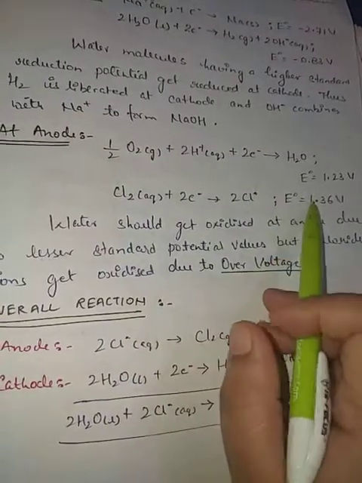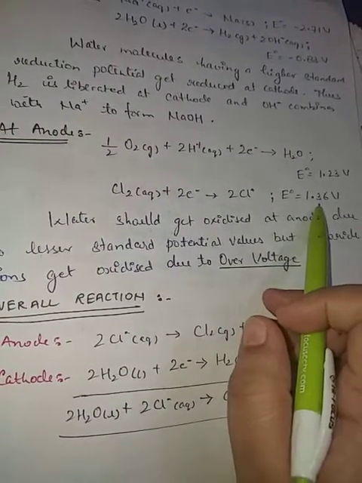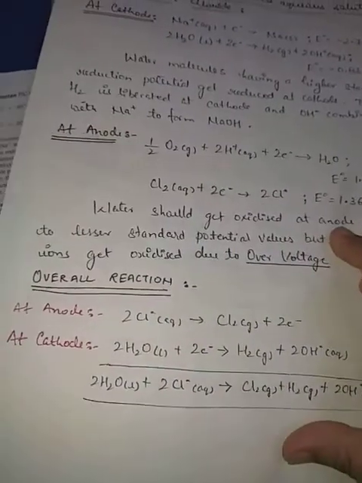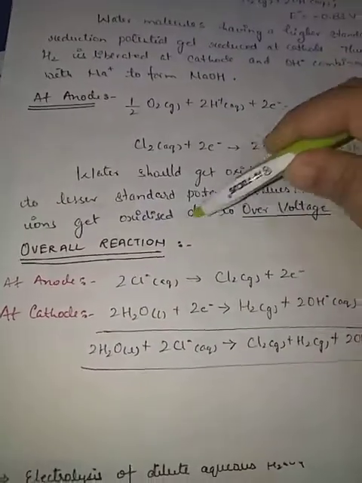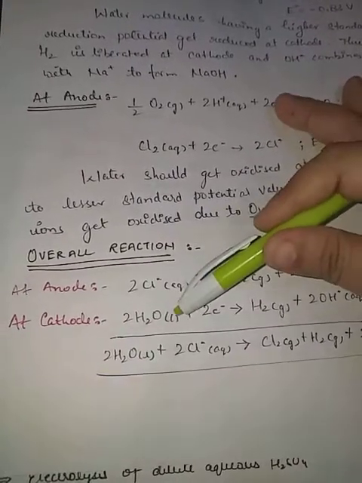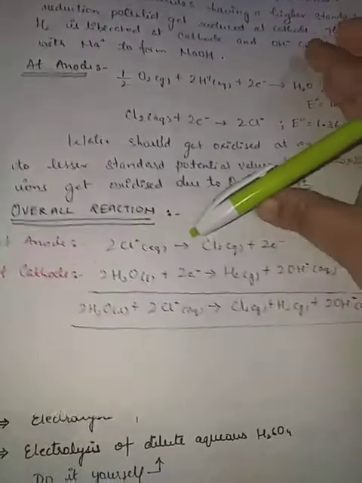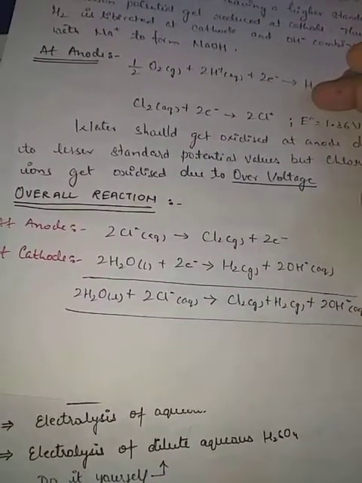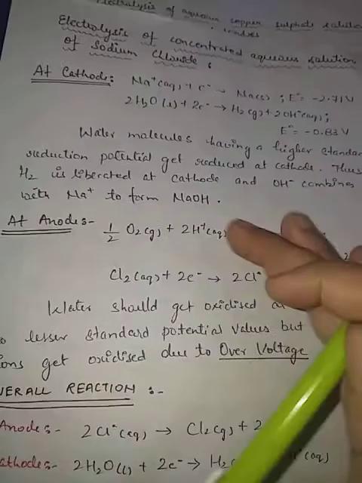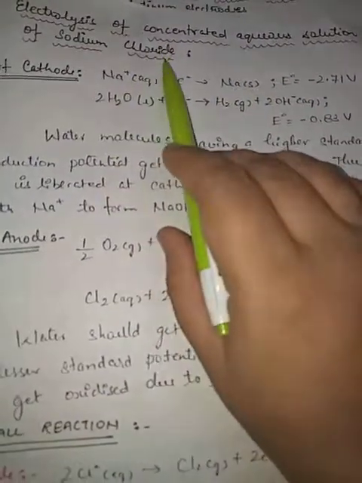So if we compare these two, this one is lesser, that's why it gets collected at the anode. Now if you see the overall reaction, 2Cl minus forms chlorine plus 2 electrons, and at the cathode water plus 2 electrons gives hydrogen and hydroxide, and the overall reaction will be like this. Okay, so this was about the electrolysis of the concentrated aqueous solution of sodium chloride.